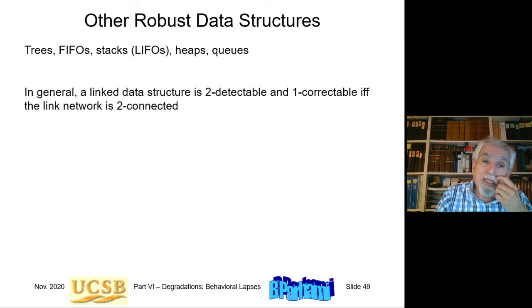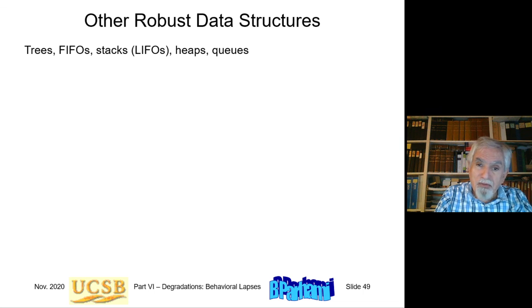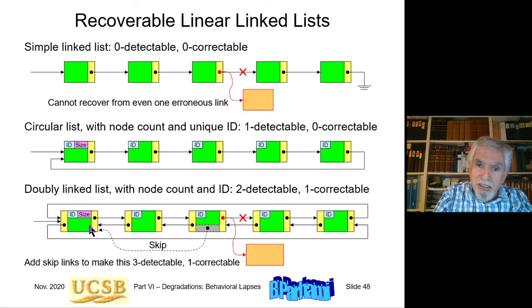In general, a linked data structure is 2 detectable and 1 correctable if and only if the link network is 2 connected. If you look at this link network here, it is 2 connected, meaning from any node to any other node, there are two distinct paths.